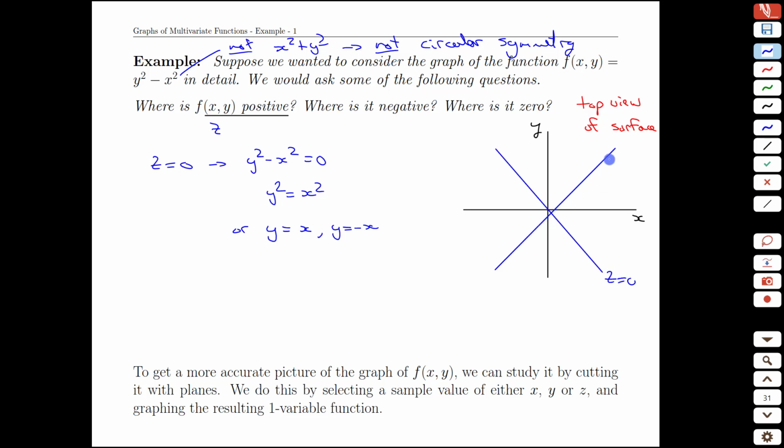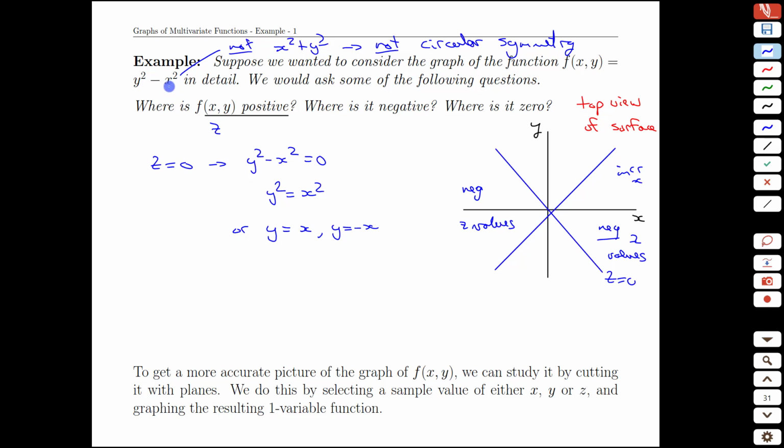And it makes sense that if these are the values where we get 0 height, so this would be actually flat on the page, if we move out here and going to our increasing x, like we worked with increasing and decreasing functions, if we increase x, we're going to be subtracting more, and we're going to have negative z values. And in fact, that's going to apply even when x is, say, minus 5, it'll be squared. We're going to have negative z values here as well.